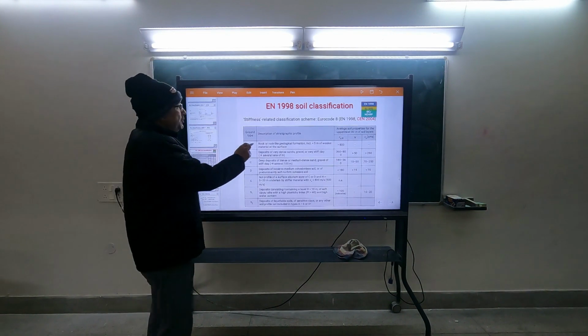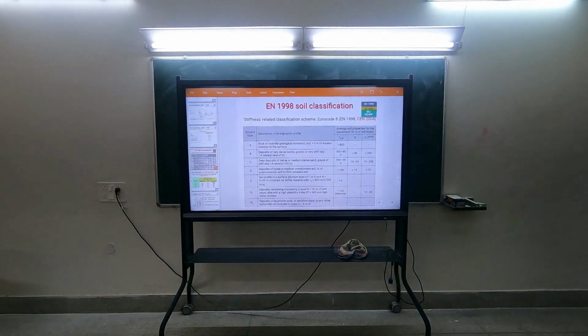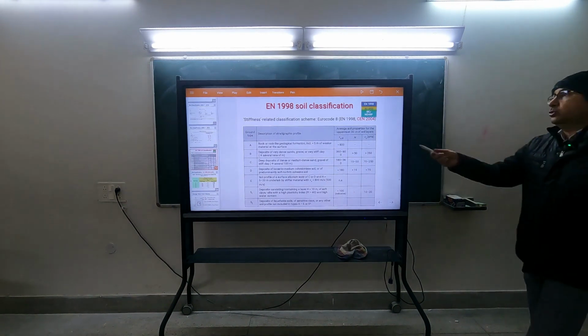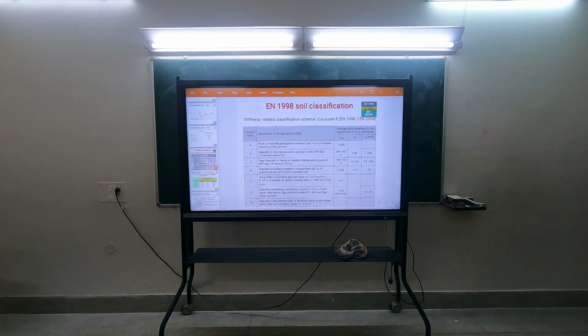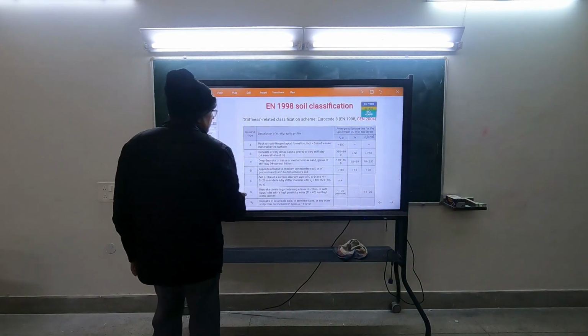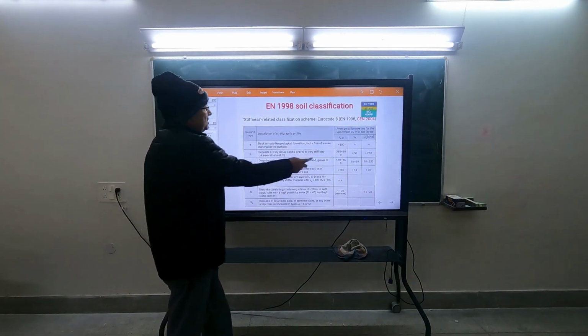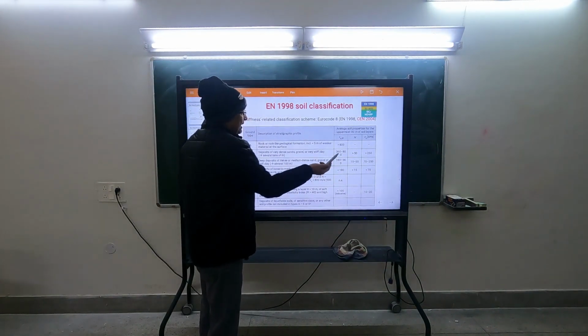Only thing is that in Eurocode there is only one type of rock, and everything beyond 800 they define as rock. There is no hard rock or soft rock, there is only rock. So site class A of Eurocode is equivalent to A and B together of the American code. They are not distinguishing between hard rock and rock, others are similar. 360, 180, we talked about 200, and less than 180.